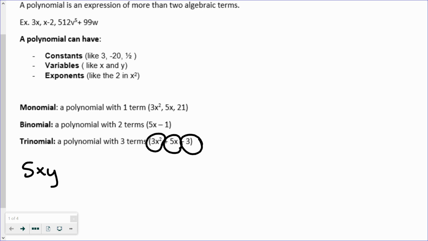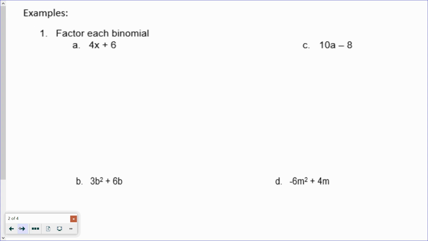Now, we're going to get into factoring binomials, I think, to start, and then we get into trinomials. We're going to look at the numbers, and we're going to see what number would go into 4 and what also goes into 6. So that's where our greatest common factor comes into play.